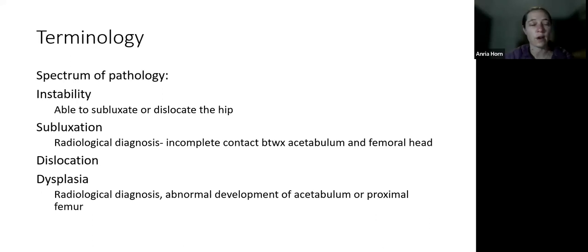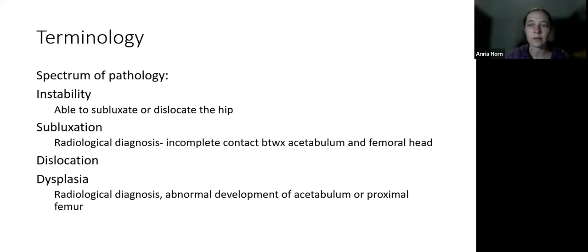So developmental dysplasia of the hip is a spectrum of pathology. Before I carry on, I just want to point out that dislocation secondary to other conditions such as cerebral palsy or other neurological conditions is not DDH. It's a completely different pathology. The rules don't apply, and management is somewhat different from that for DDH.